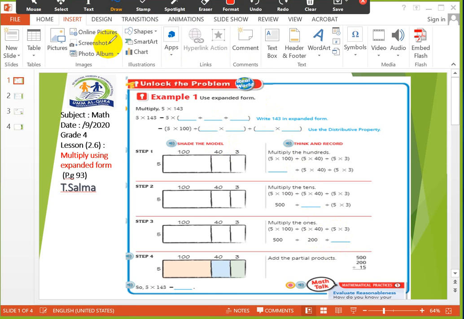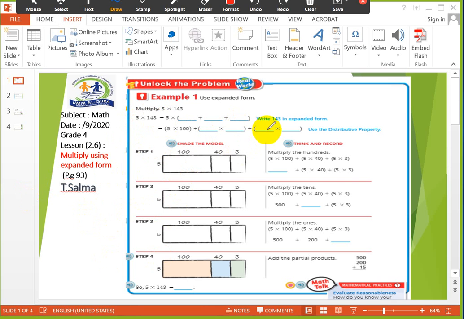Please open your books on page 93 to start together and learn how you can use expanded form to multiply a multi-digit number by a one-digit number. Our lesson today is very easy. So today we will learn how to multiply a one-digit number with a multi-digit number by using the expanded form.